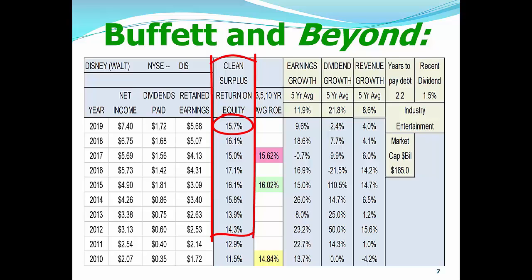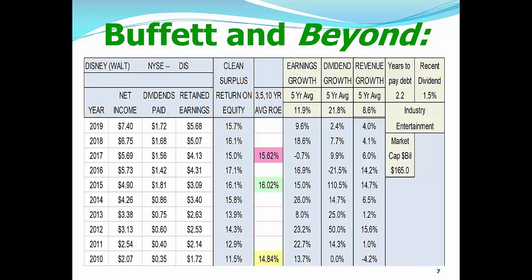And folks, 20 years ago or so, it did have an ROE of over 20%. And in order to get into our growth portfolio, we want to see ROEs above 20%. Now, Disney is probably an average stock or a little bit better than average, because the clean surplus ROE is slightly above the average stock in the S&P 500.